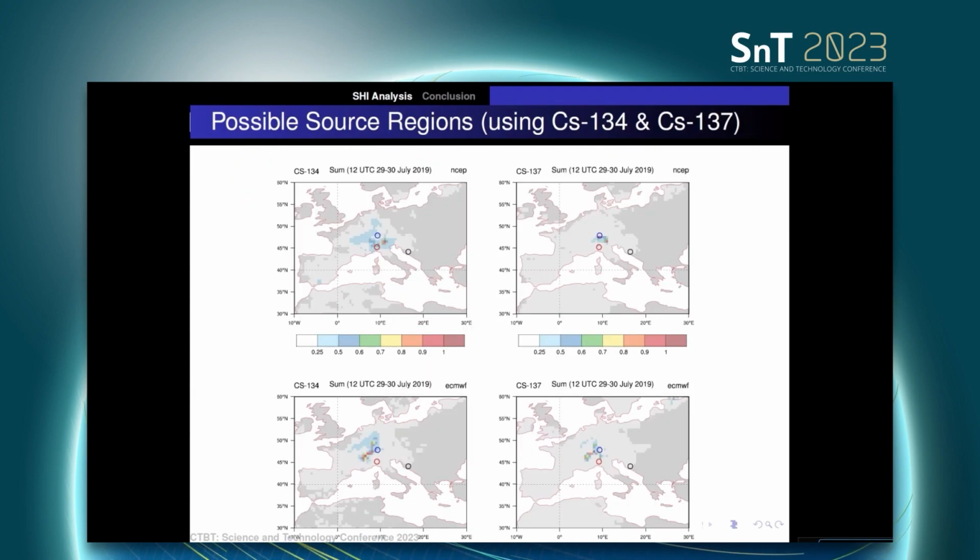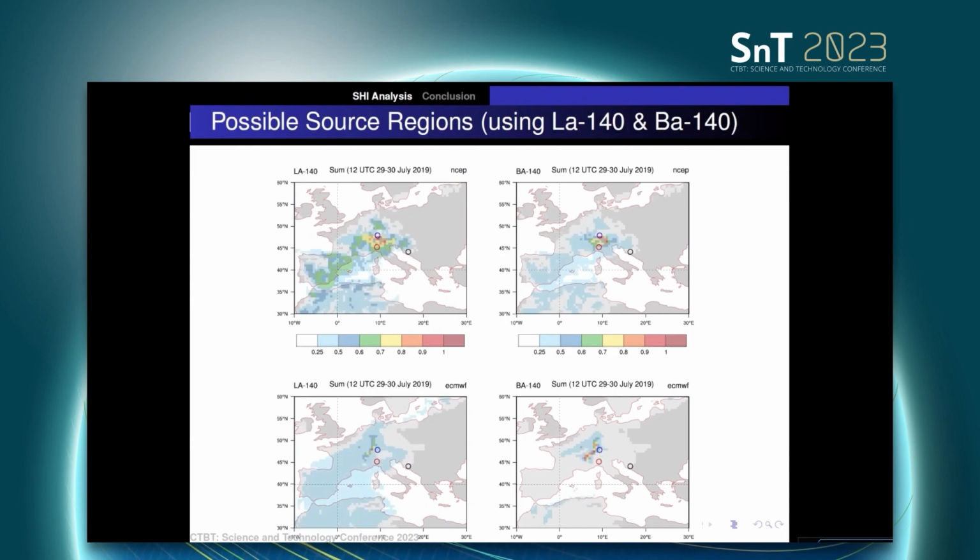This one. This is actually very important because in this slide we're using two models, ECMWF and NCEP, and by using two radionuclides, as you can see, different models give different solutions.